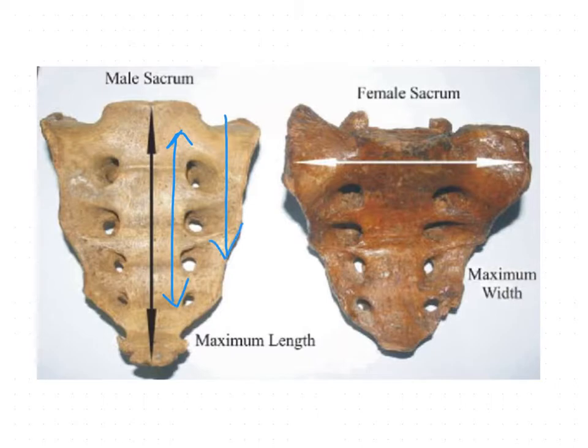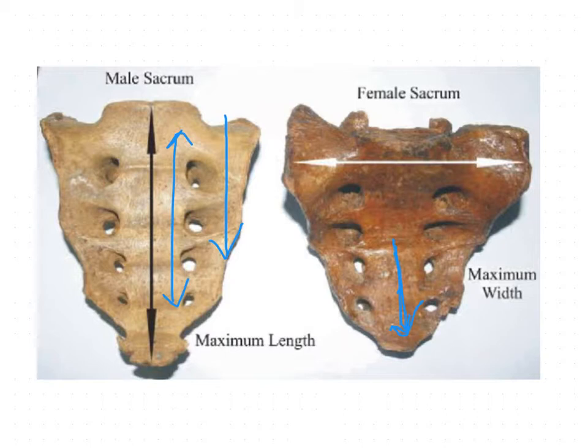Whereas in the female sacrum, it is abruptly curved forwards in its lower part. Now coming to the auricular surface.